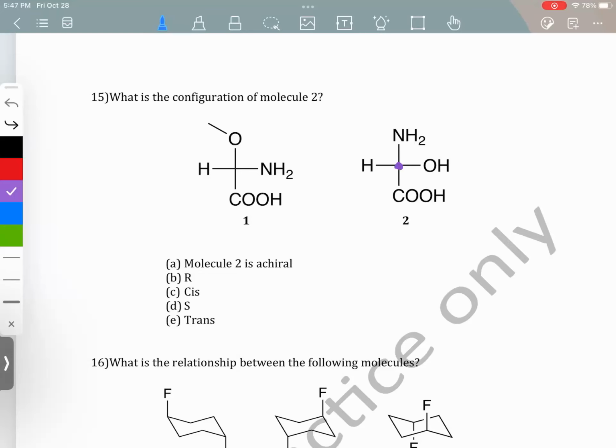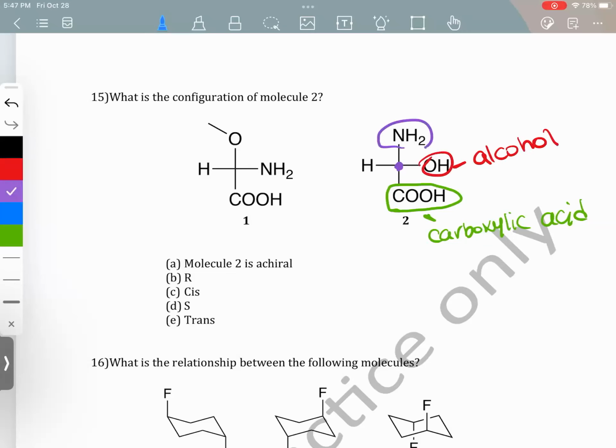Let's find out. Before we do that, we have to give priorities to the substituents that are attached to this carbon. So we have a carboxylic acid. That's what this Q is. It's a carboxylic acid. You have an alcohol.